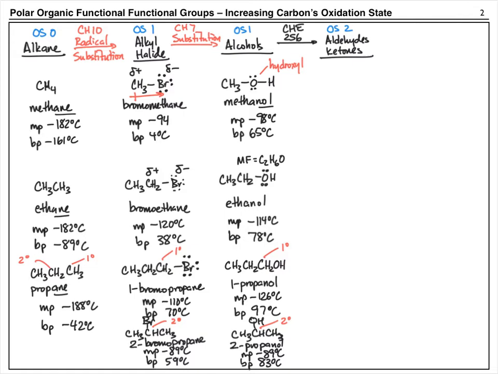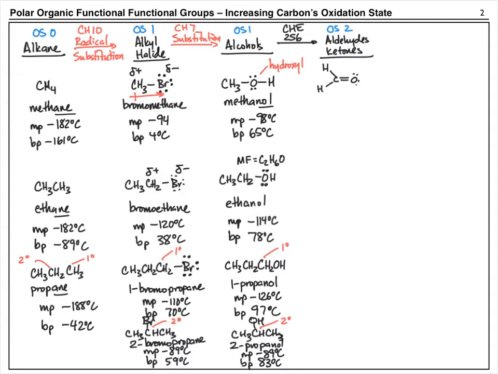So if we do that, we now end up with the following. So again, we've lost this H and one of these H's. This carbon now has 1, 2, so that's oxidation state 2. This is called an aldehyde.